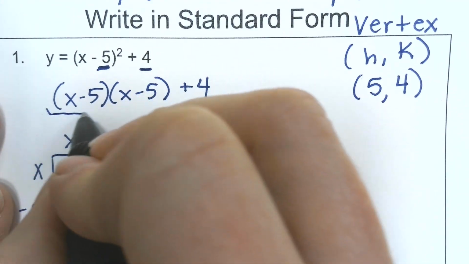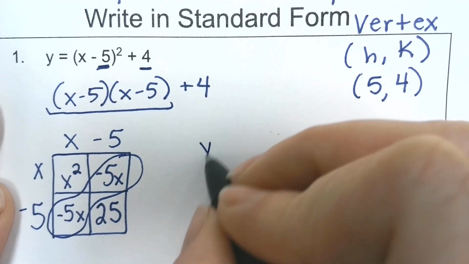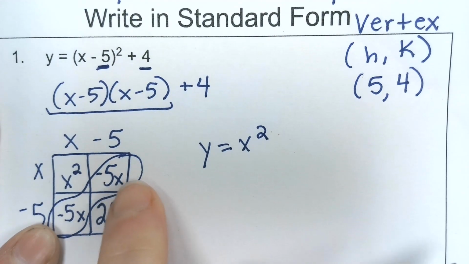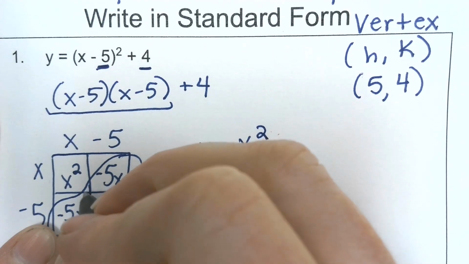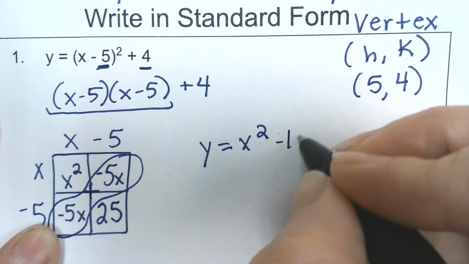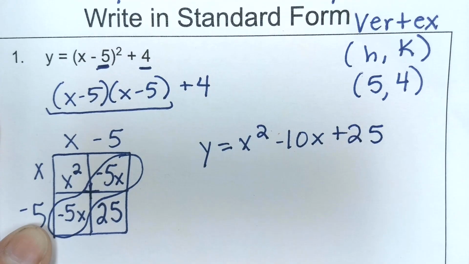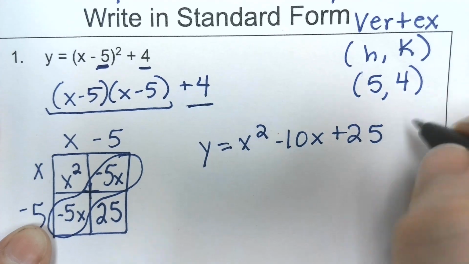So all I did was replace this. And now it's y equals x squared, plus negative 5 plus negative 5 because we're adding these. It's negative 10x plus 25. But don't forget, we have to bring down the plus 4.